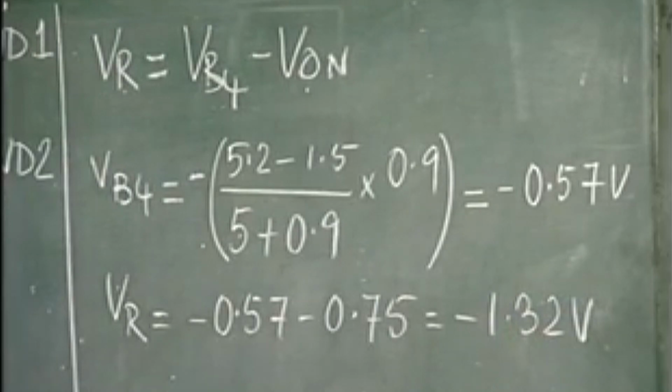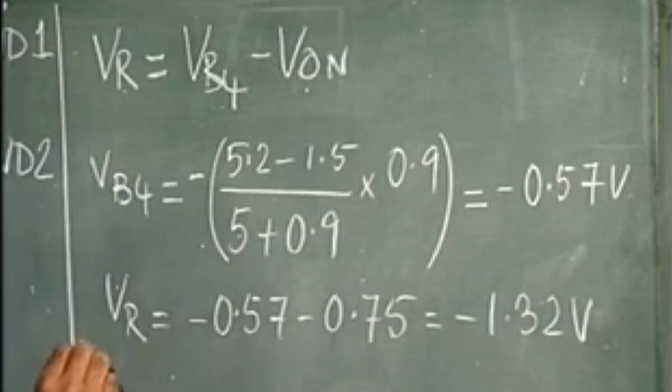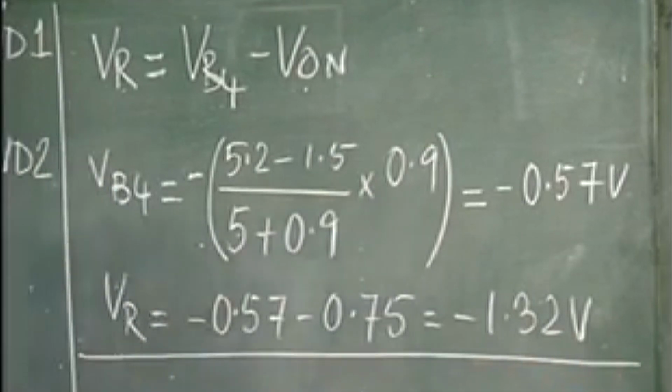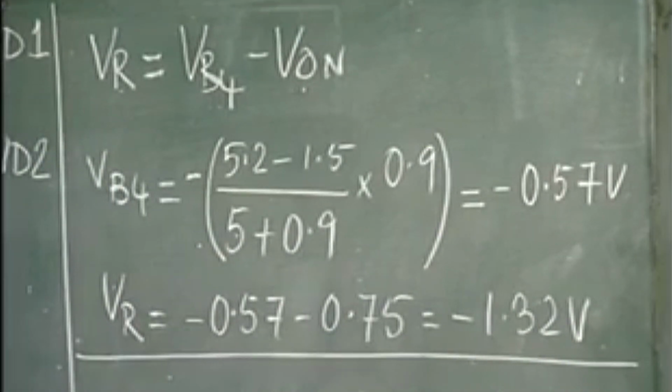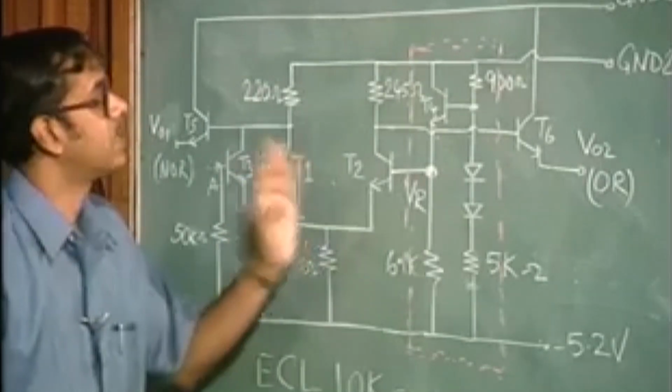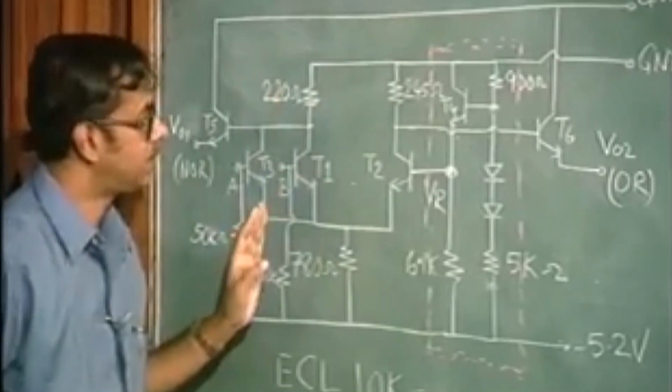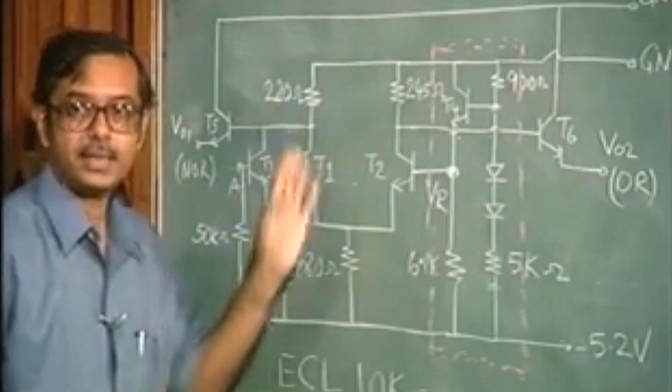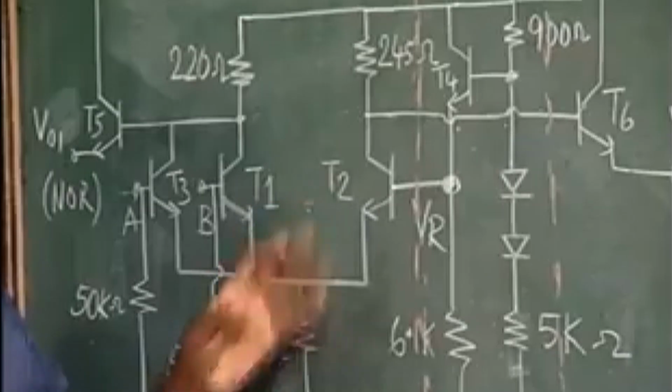So that is the value of VR, okay. Once we have calculated that, we can go ahead. Now we shall look at the two different states: one is when the left branch is conducting and the other is when the right hand branch is conducting, okay.